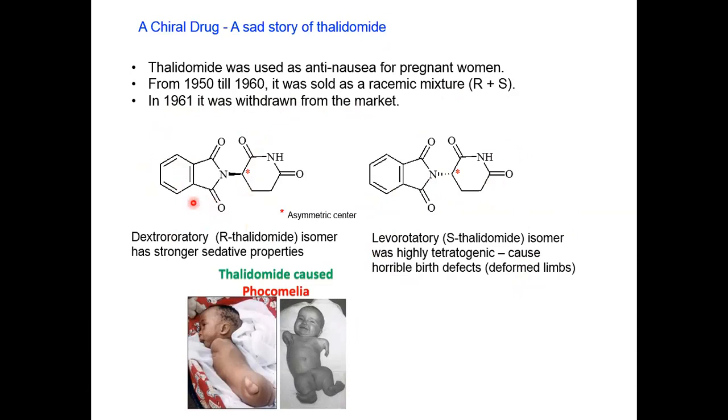Okay. Let's identify where your chiral carbon is first. Chiral carbon, what is the rule of a chiral carbon? You need to have 4 different substituents on the same carbon. The carbon has to have 4 different substituents.